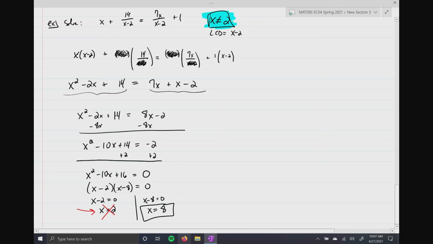X plus fraction bar 14 over x minus 2 equals fraction bar 7x over x minus 2 plus 1. What do you even look like? Oh, nice. Look at that right there.